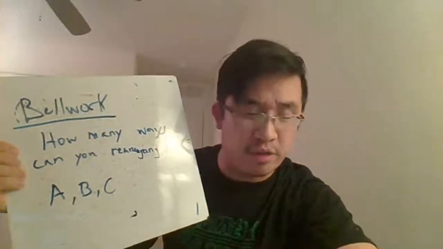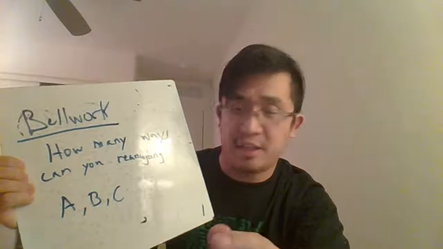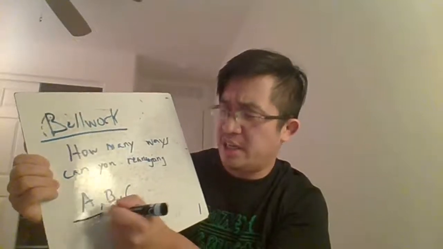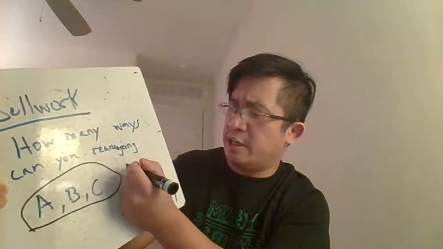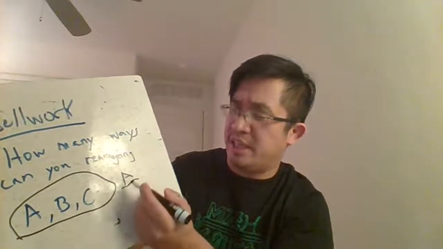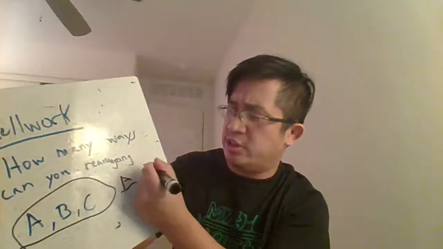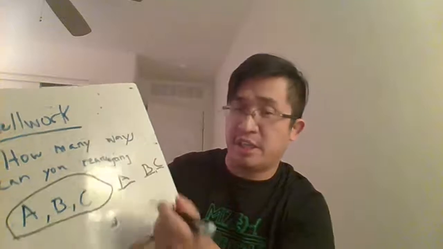You're really close. It is a single-digit number, Isaac. It's not 9. I want you to check. You're going to make three lists: all the ways that you can list the letter A first using B and C, all the ways that you can use the letter B first, and all the ways that you can use the letter C first.